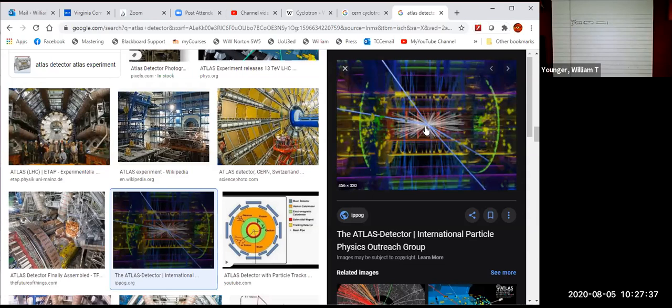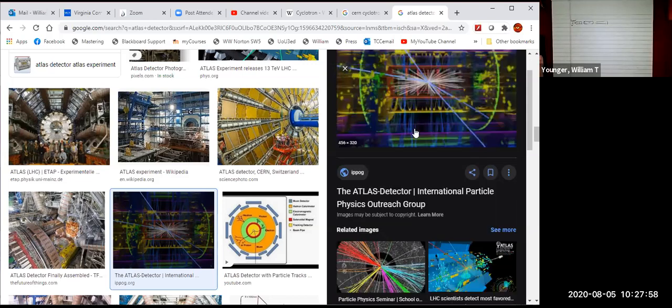If they curve one way, you know it's due to the magnetic field, and therefore they have a positive charge, or if it curves the other way, they have a negative charge, or if it doesn't curve at all, you know it's neutral, in which case you're not going to get any bubbles, of course, but still you can tell that. And at the end of all of it, you can analyze it and ultimately figure out, hey, I just saw the Higgs boson, which is really one of the main things the Atlas detector as well as the Large Hadron Collider was searching for.